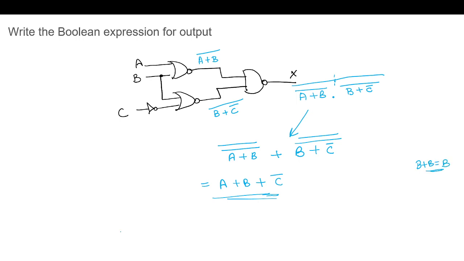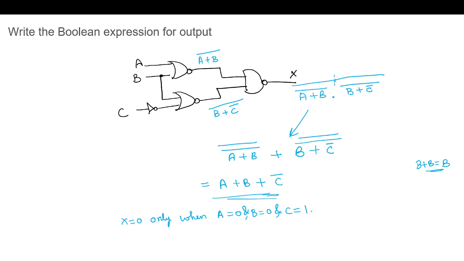So now x is 0 only when A is 0, B is 0, and C is 1. If either of them is 1, then the output will be 1.